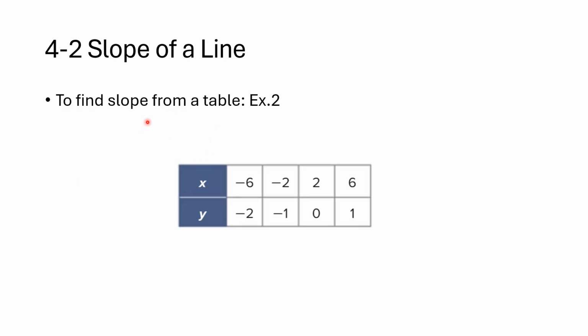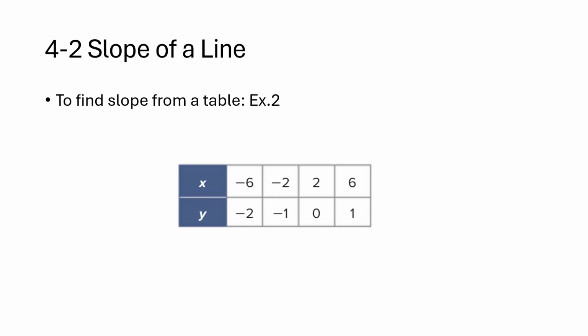All right, so here we're going to find slope of a line from a table, the second thing we need to figure out how to do. So here we have our x values of -6, -2, 2, and 6, and we have our y values of -2, -1, 0, and 1. To find slope from this, we just have to find the rate of change, how much it's changing from one point to another.